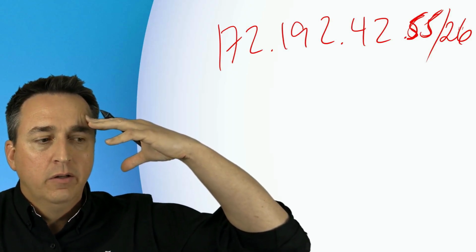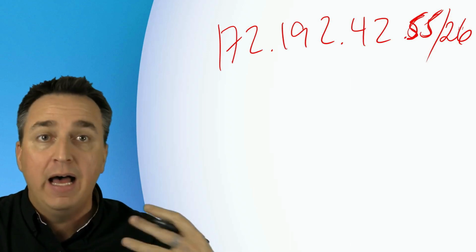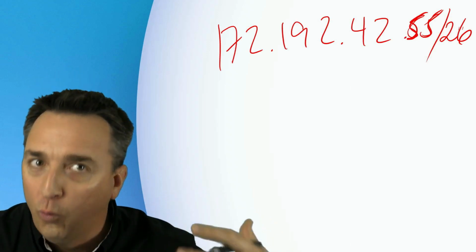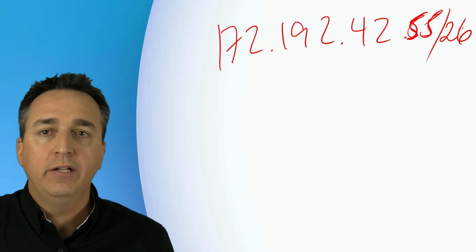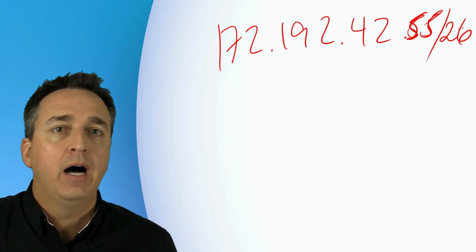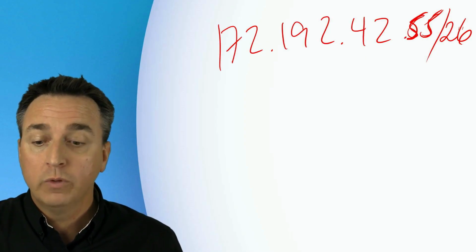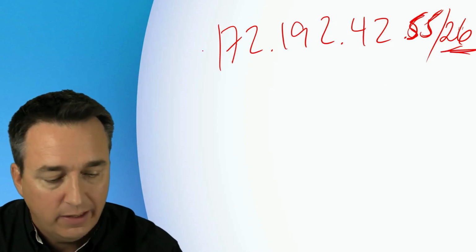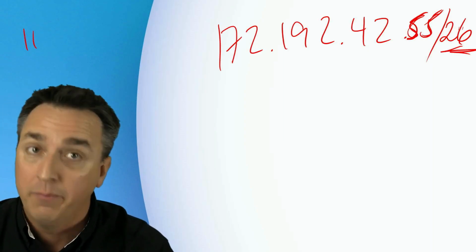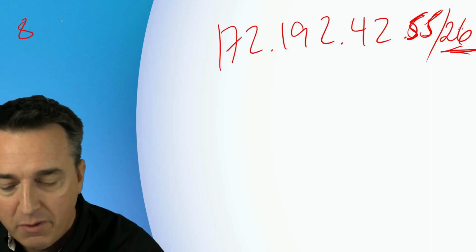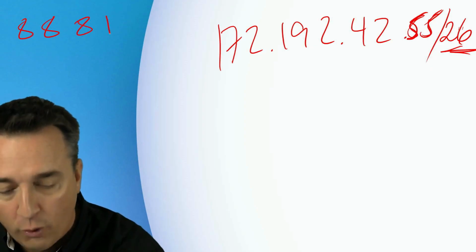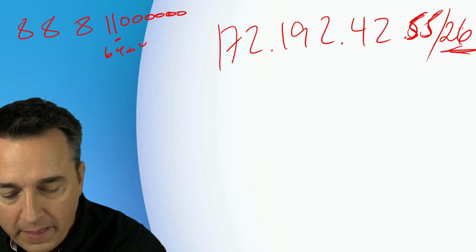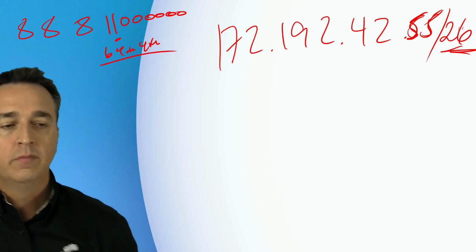Well, /26 would be 255, 255, 255, 192, so with 192 we're counting by 64. But again, if you don't memorize that, that's okay, because you can always take this and go 1, 2, and so on. Again, I'm not going to put all the ones down because that would take too long in the exam. 8 ones, 8 ones, 8 ones. That's 24, 25, 26, 27, 28, 29, 30, 31, 32. Okay, 64 in fourth. And there you go.